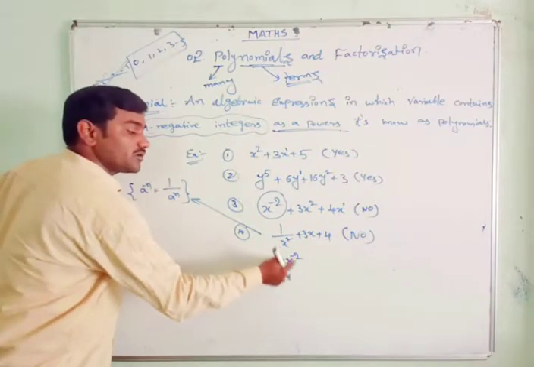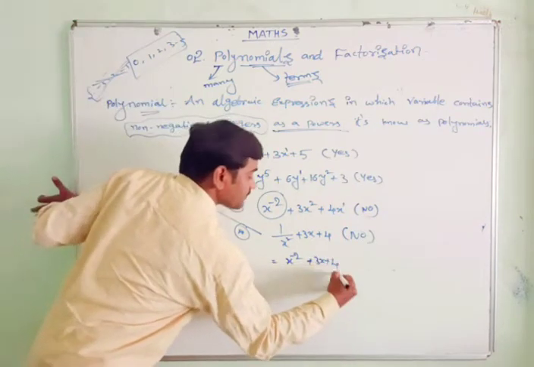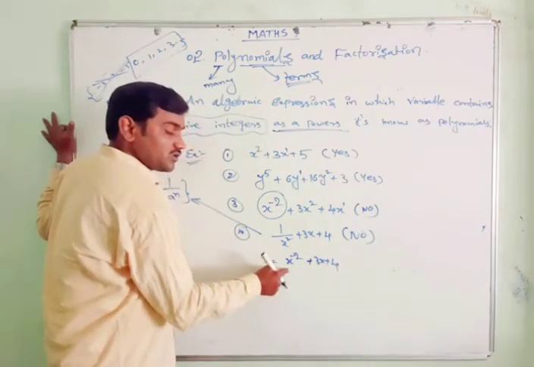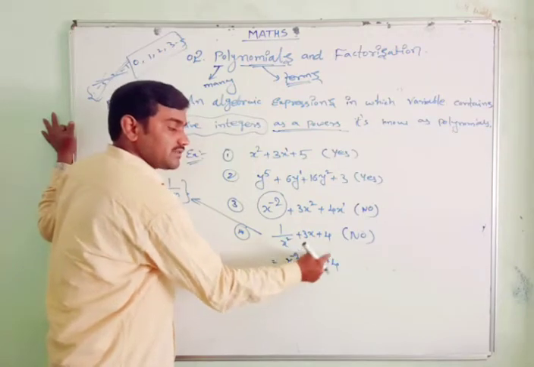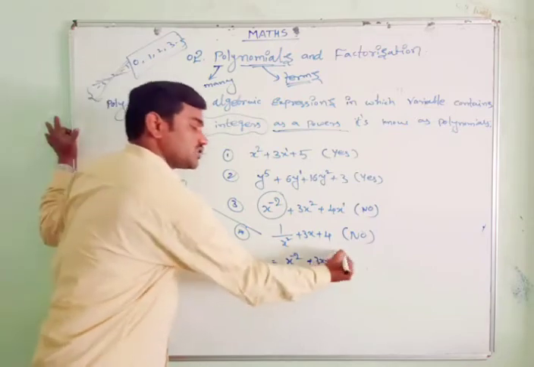So 1 by x square becomes x to the power of minus 2, and 3x and plus 4 remain the same. Now is it a polynomial? No, it is not a polynomial.